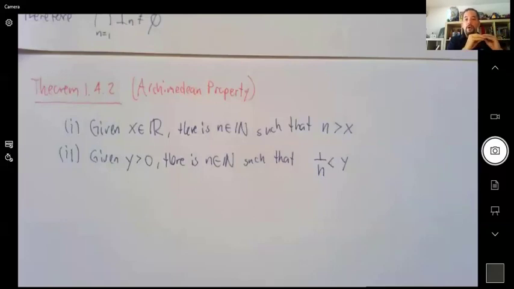So it's possible that by introducing this new property, somehow now the natural numbers don't have the property that we think. Maybe now there is some number that beats all the natural numbers. It could happen. And if you think that I'm talking crazy here, there are actually some extensions. So it is possible to start with the rational numbers and make an extension of them where there is a number that beats all the natural numbers.